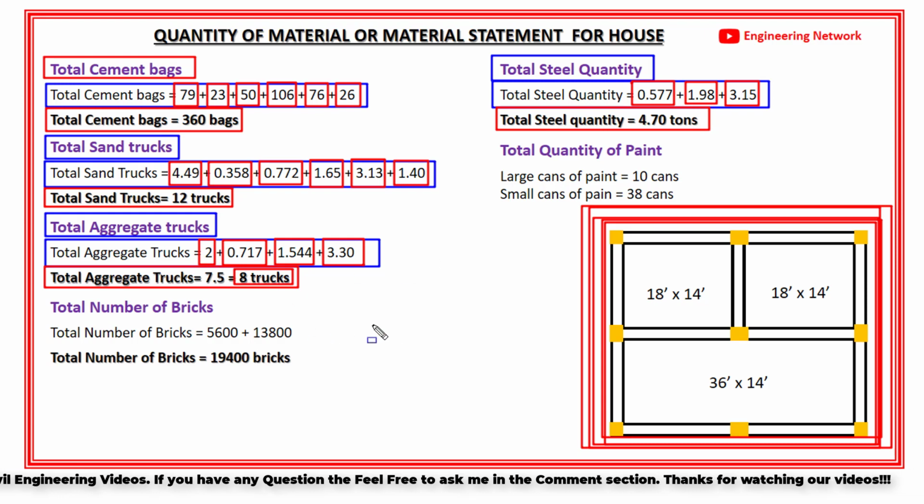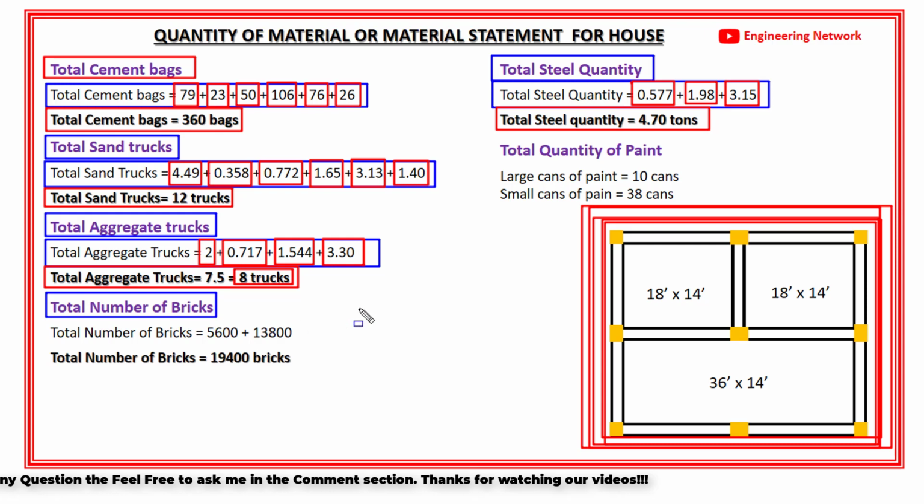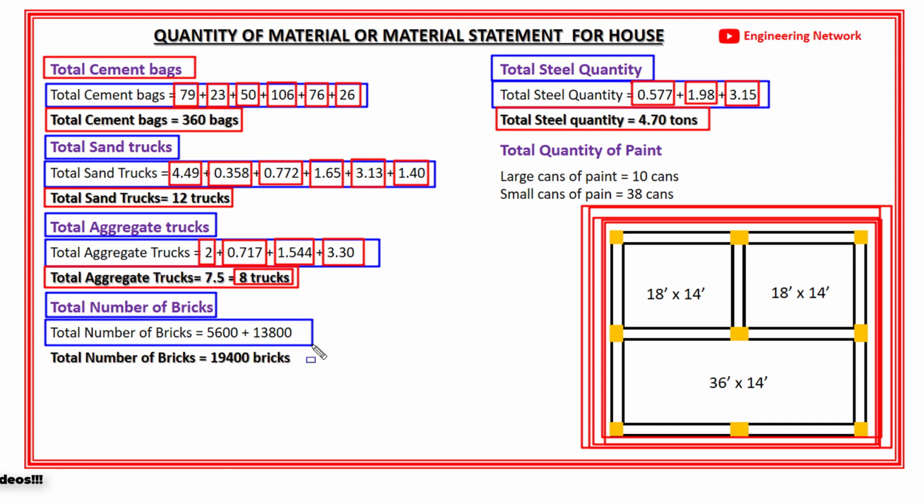Next is the total number of bricks for this house. So the total number of bricks is equal to number of bricks in foundation plus number of bricks in superstructure of this house, right? Now in this house, the number of bricks in foundation is equal to 5,600 bricks, plus number of bricks in the superstructure of this house is 13,800 bricks.